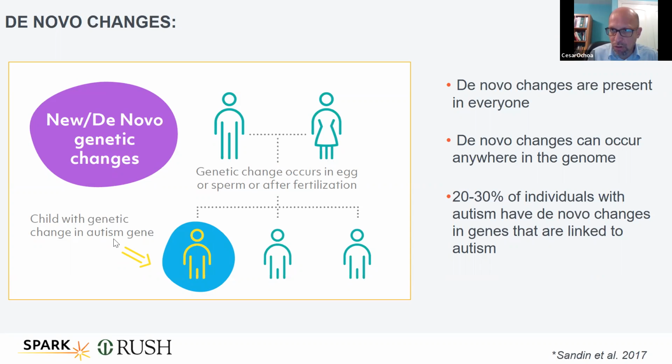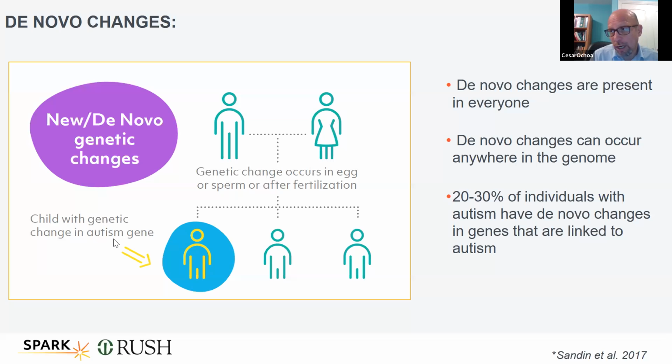Something happens during conception, when the sperm fertilizes the egg, there's a genetic change, a genetic variant that happened during fertilization. That's what is called a de novo variant, a change that is not carried by father or mother. And it has been found that in autism, these de novo genetic variants account for 20 to 30% of the cases. This is a very important concept to keep in mind.